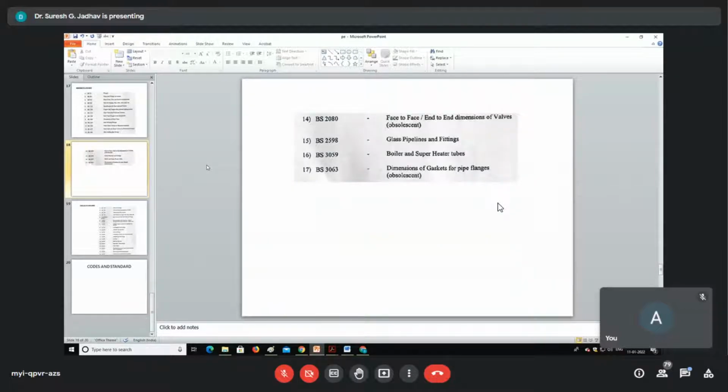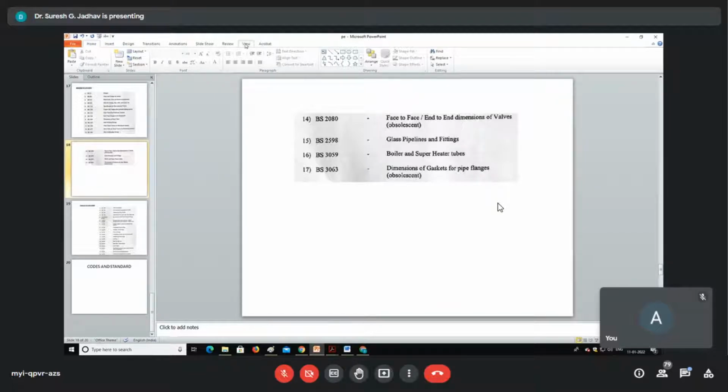Here you can see BS2598, glass pipeline and fittings. For periodic review of the standards by the committee heads, these are revised to incorporate modified features based on the results of research from the industries, and some technological lags are unavoidable, so we can consider all the standards used in different countries.